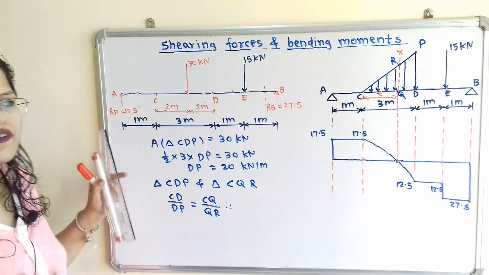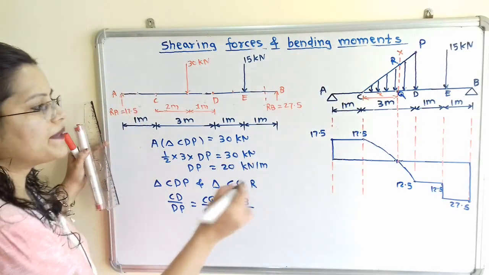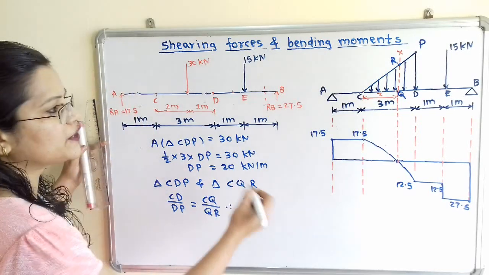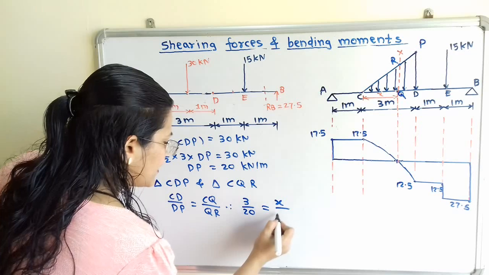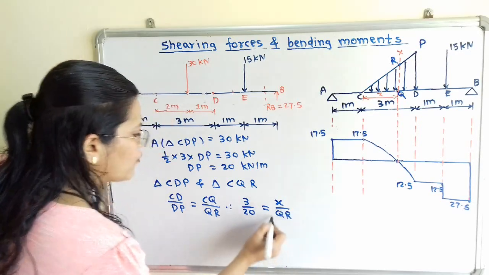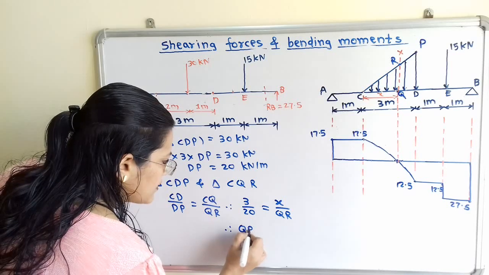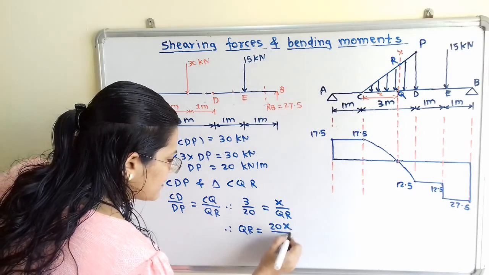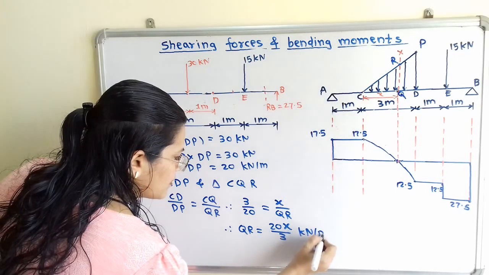Therefore, now we will put the values. CD is equal to 3, divided by DP, which we have calculated as 20, is equal to CQ, which is this distance x, divided by QR. Now we have to find out this QR. Therefore, if we calculate this, QR is equal to 20x by 3 kilonewton per meter.